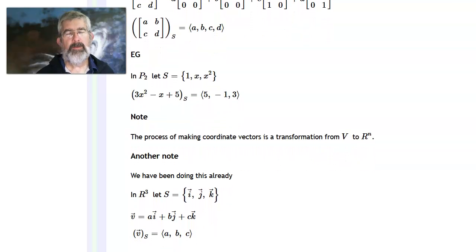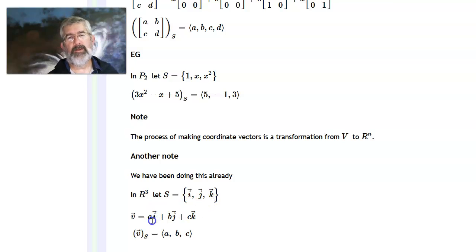And another note, we've really been doing this for a while already. Just think about what we do in R3. Physicists or engineers generally write their vectors in terms of linear combinations of i, j, and k, where i is 1, 0, 0, and j is 0, 1, 0, and k is 0, 0, 1, right?